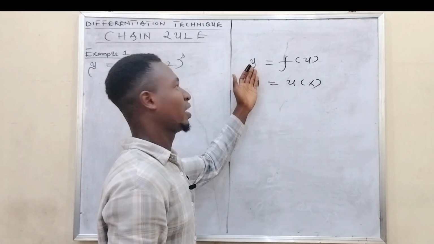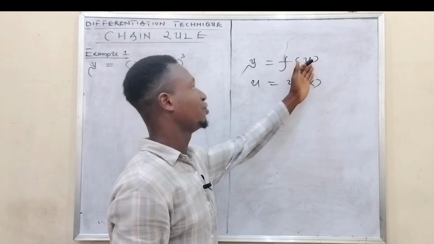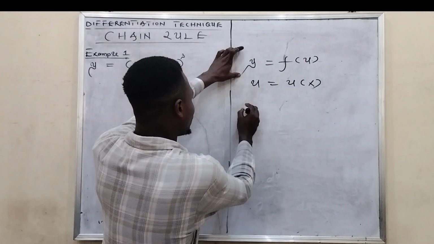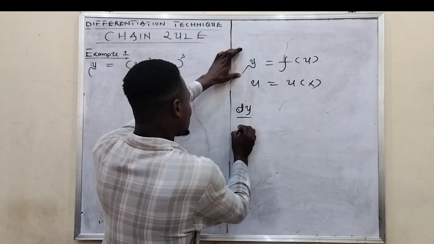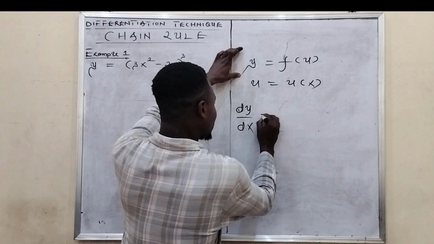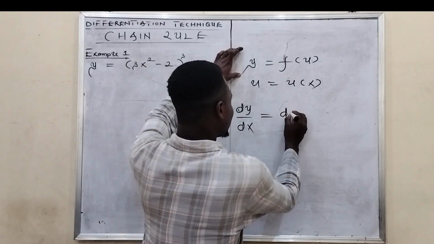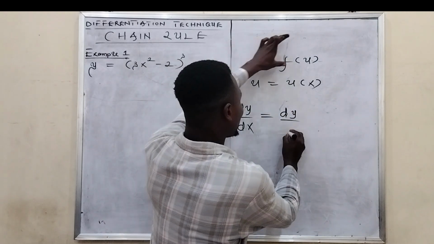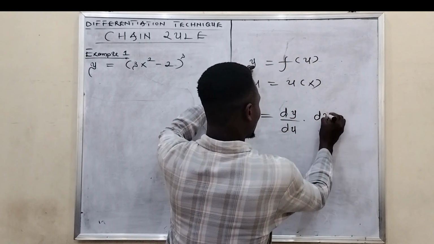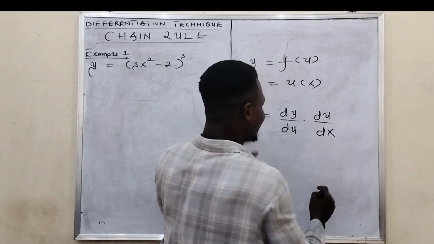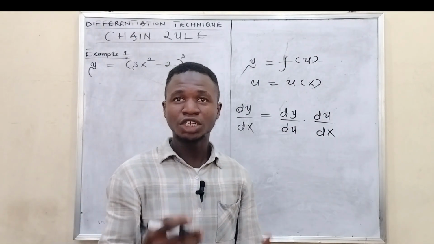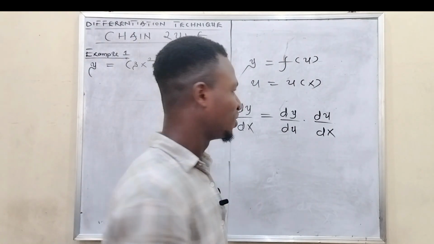It all begins with y, a mother of a variable u, and u itself is a mother of another variable x. So the derivative of y with respect to x, the terminal variable, is equal to the derivative of y with respect to u times the derivative of u with respect to x. This is just the idea of how we can apply the chain rule to functions of functions.